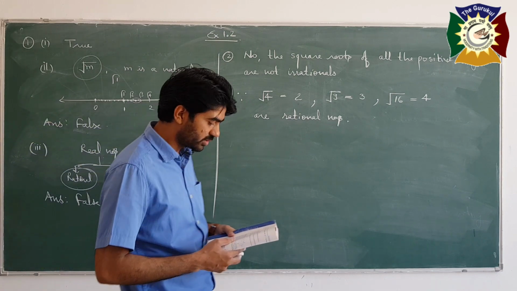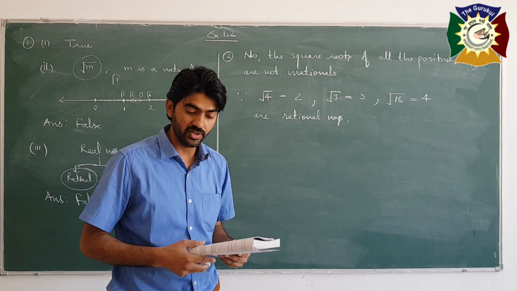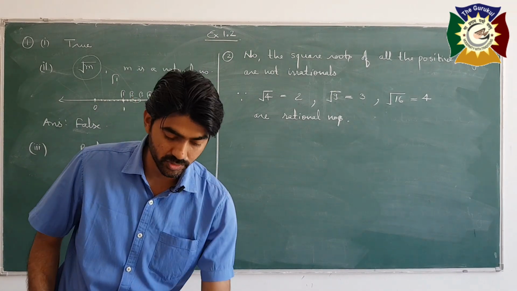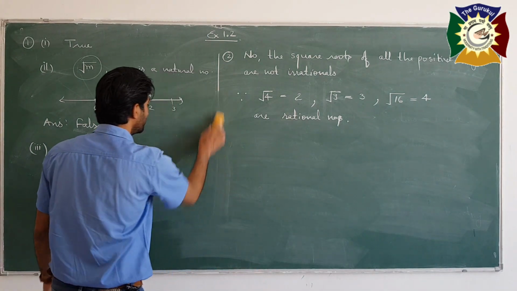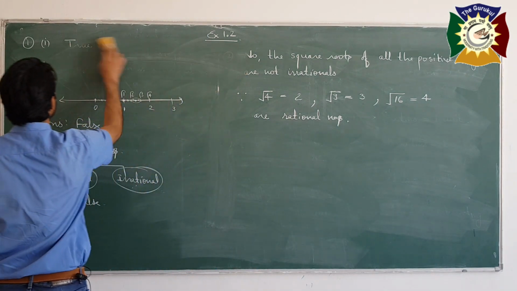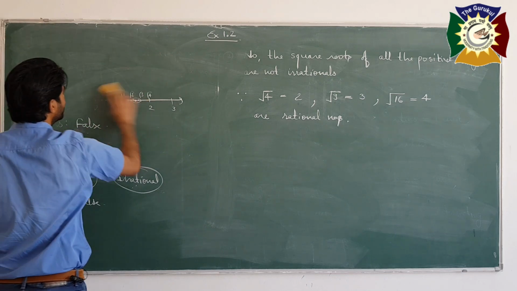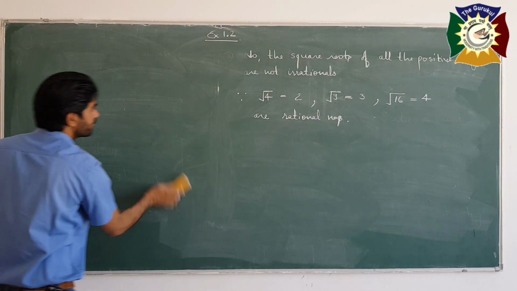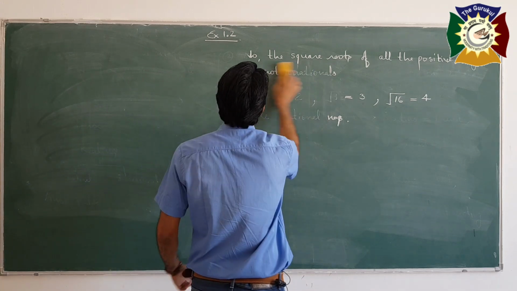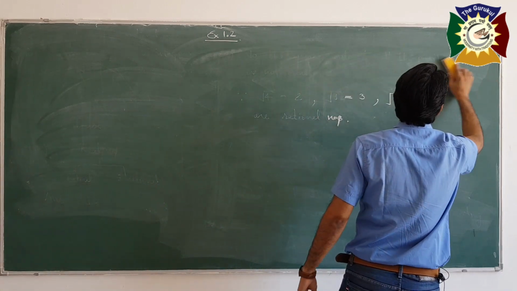Now question number 3. Show how root 5 can be represented on the number line. We have represented root 2, we have represented root 3. In a similar way we will represent root 5 also. These questions are to be done like construction questions.